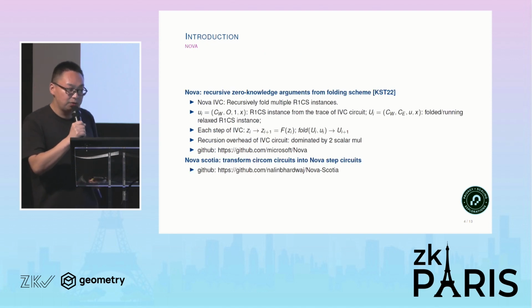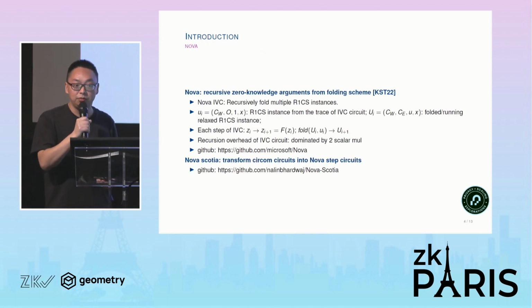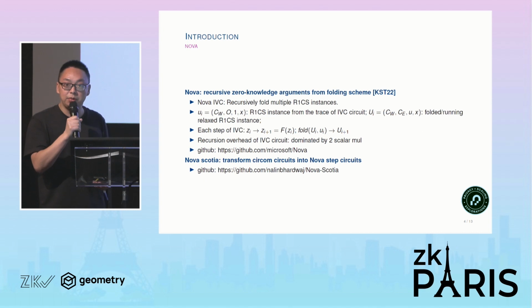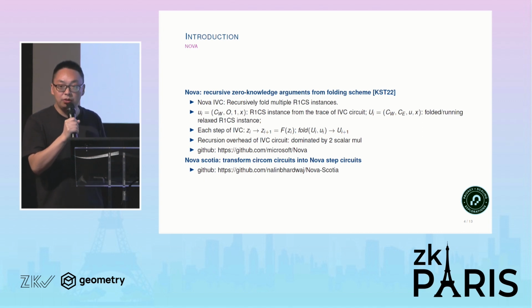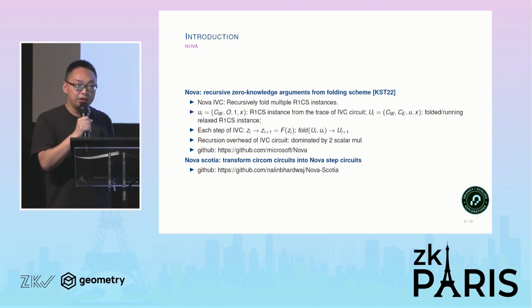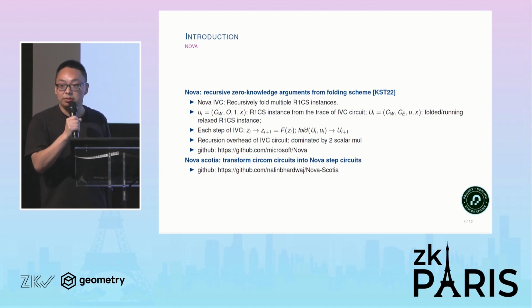Nova stands for recursive zero knowledge arguments from a folding scheme. Nova is one kind of IVC, and IVC stands for incremental verifiable computation. Traditionally, before Nova, IVC usually involved verifying the proof for each step circuit.